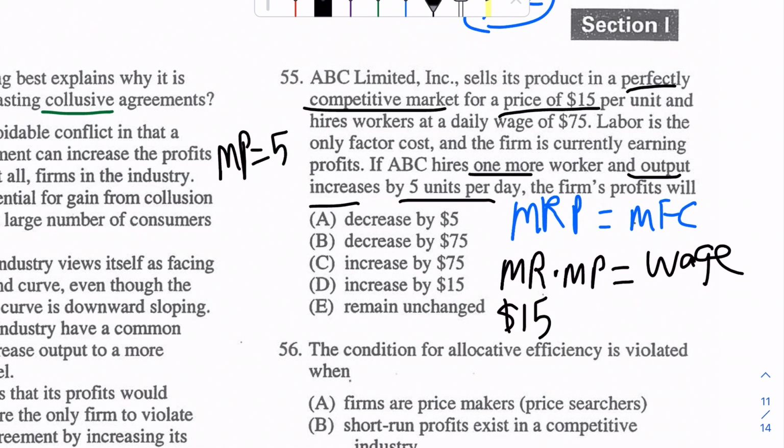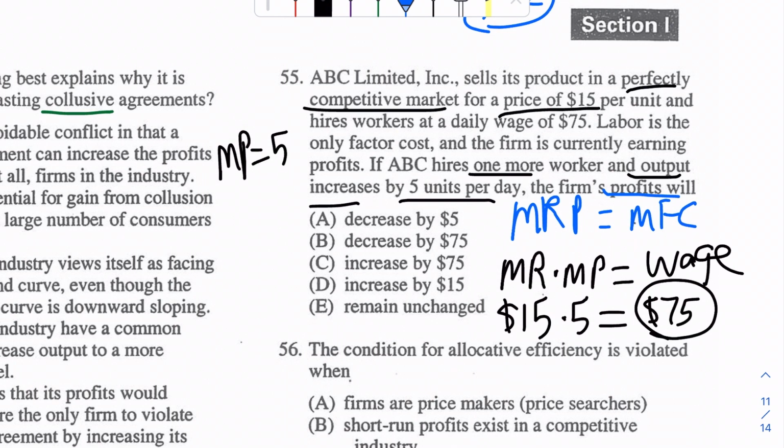If your output is increasing by 5, this means that because you hired somebody, they made 5 more units. So if we did 15 times 5, this equals 75. So what happened to your profits?